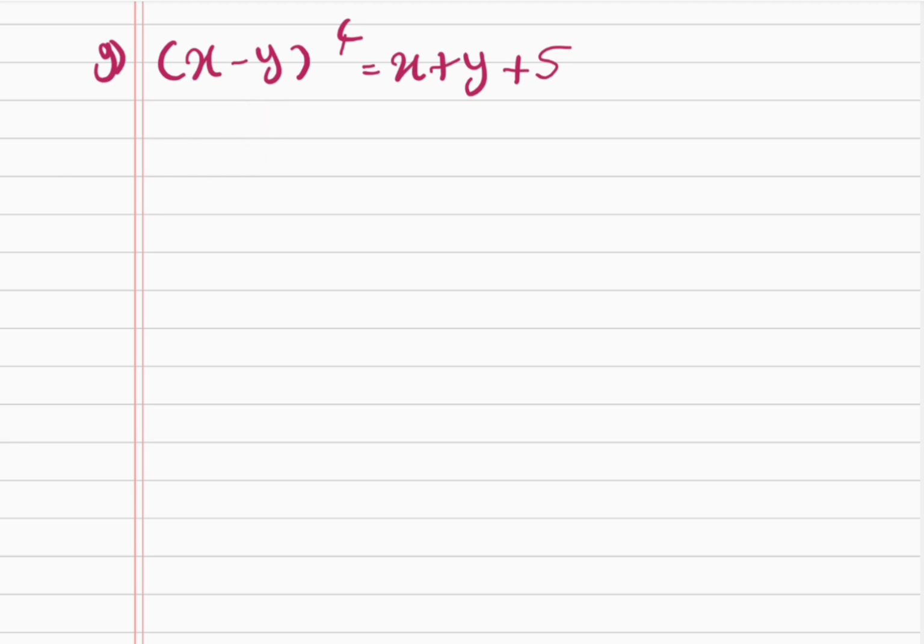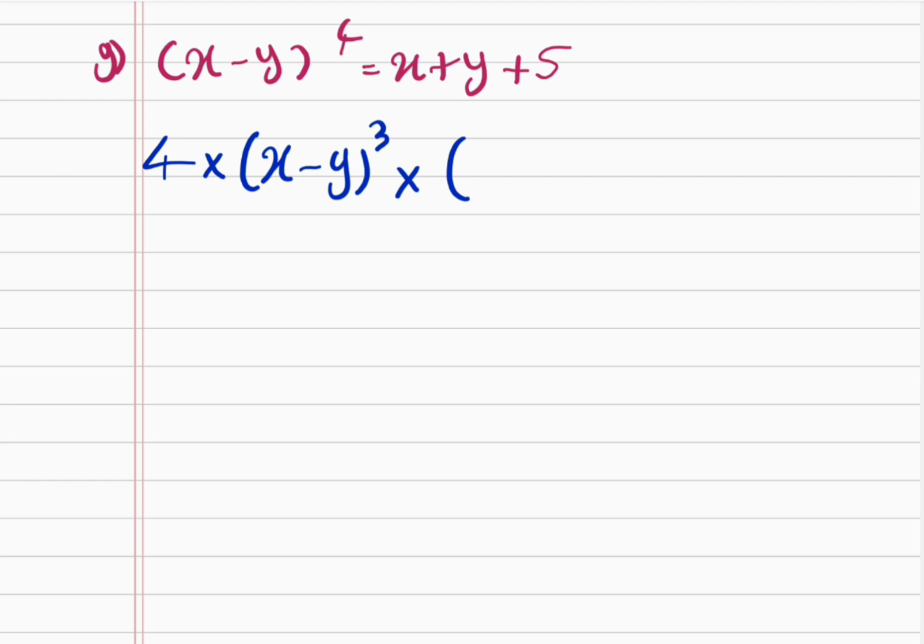As usual, we start by writing down the power 4 times the bracket, because the bracket doesn't change at first, and then the power 3, and now this times the derivative of the inside of the bracket. Inside the bracket we have basically two terms. One is the x term, the other one is the y term.